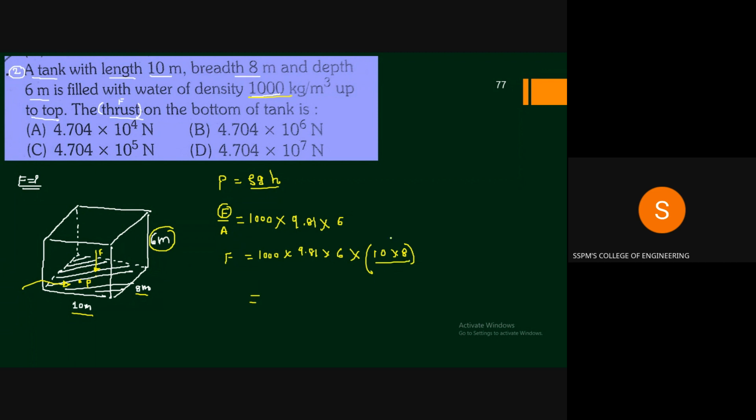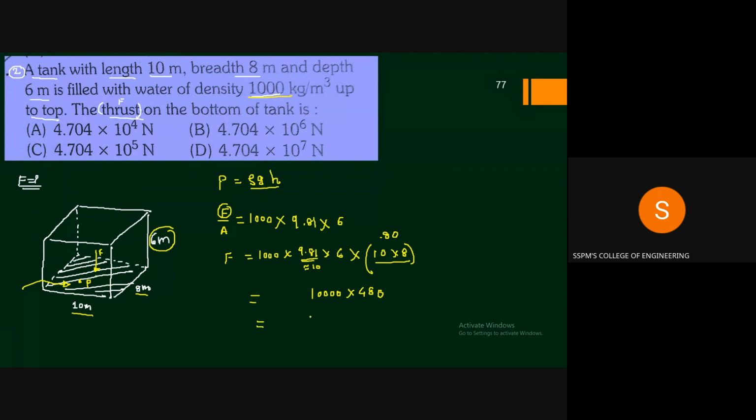This 10 into 8 will be 80. Now this 80 into 6, this is 480, since 8 into 6 is 48 into 10, this will be 480. Now for the sake of simplicity, 9.81 approximate value is 10. Okay, so this will be 10 into 1000, so this is 10,000.